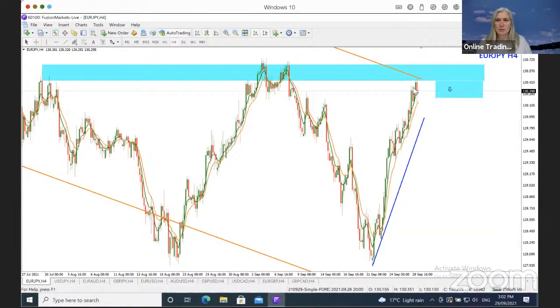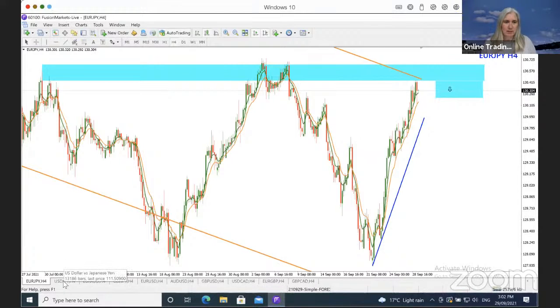At the moment, I'm looking for the price action to go sideways a little bit for a few bars, and then potentially entering on a short reversal after that. So looking for short on Euro JPY.